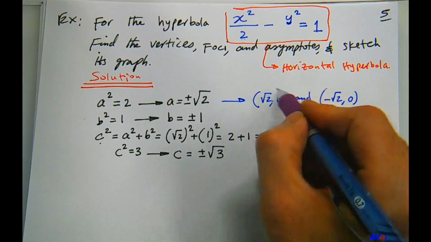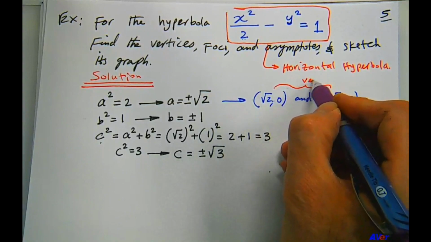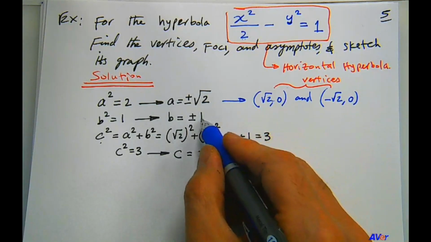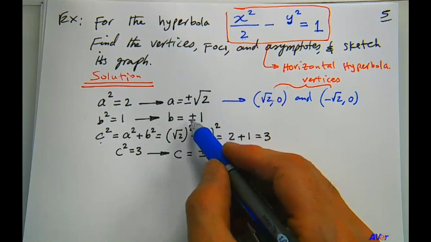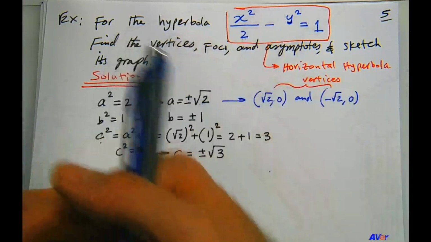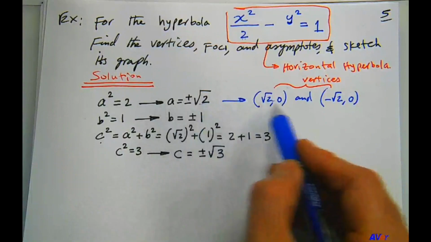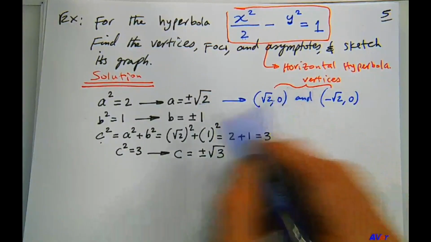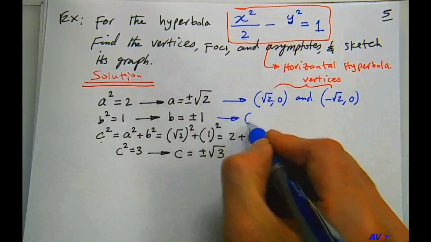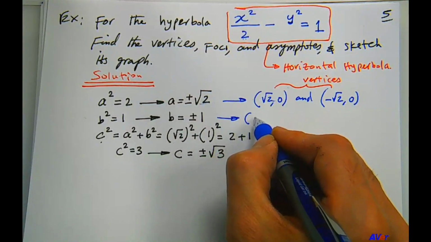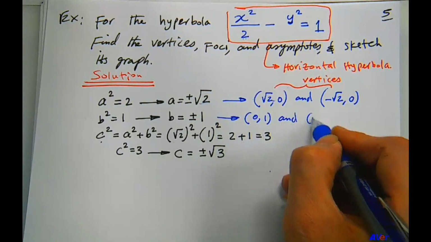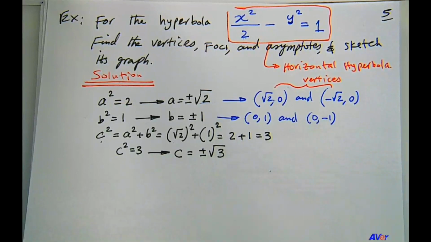So these are the vertices, and this is the opposite of that. Whatever axis a is on, b would be on the opposite axis. So a is along the horizontal x-axis, which means b must be on the y-axis. That means we have 0 comma 1 and 0 comma negative 1.